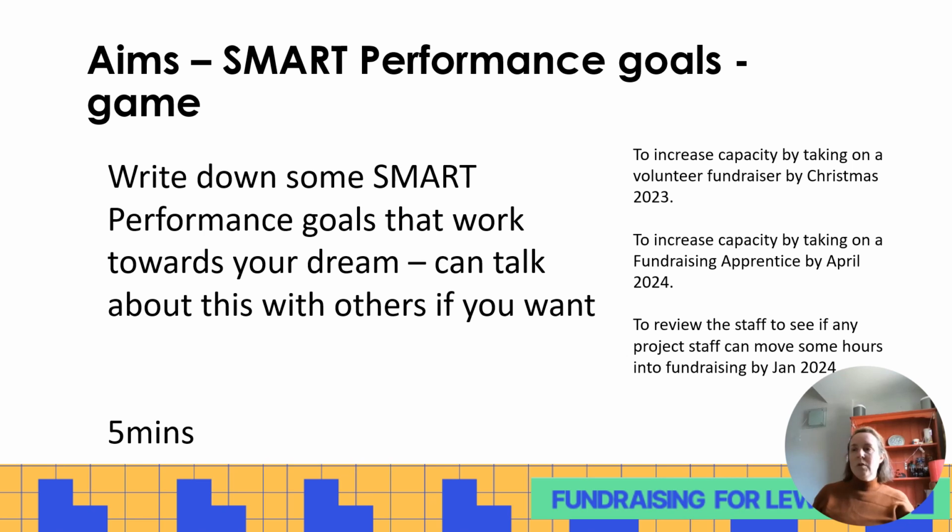So at this point, you'd be writing down some SMART performance goals, work towards your dream. And I've just put in a couple there that might fit in with the dream that we started off with. The dates on these are from when I did the presentation the first time around.